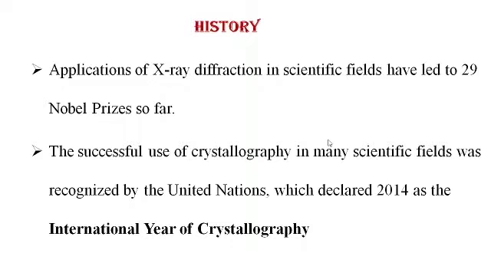The application of X-ray diffraction studies in various scientific fields has led to a total of about 29 Nobel Prizes so far and many more to come. The successful use of crystallography in many scientific fields was recognized by the United Nations, which declared 2014 as the International Year of Crystallography.